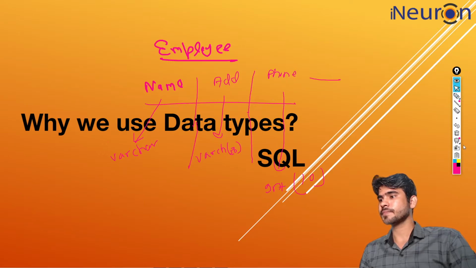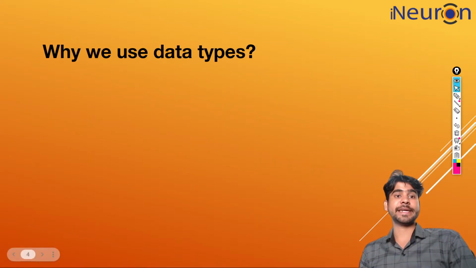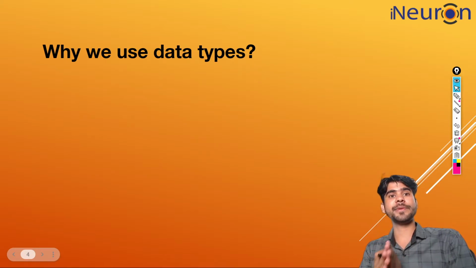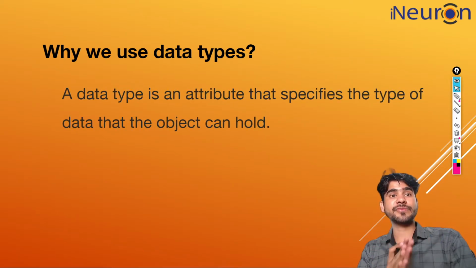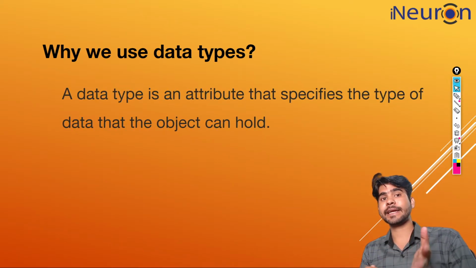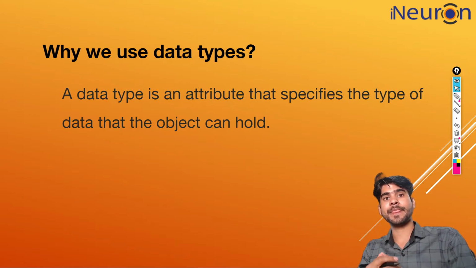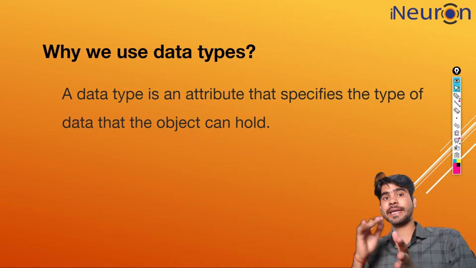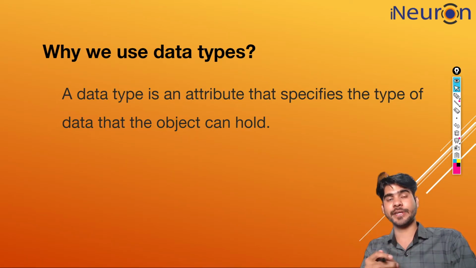Now let's continue with why we use a data type. A data type is an attribute that specifies the type of data that an object can hold. It means we can add any types of data under a specific database, or in a particular column whenever we are creating a new table.